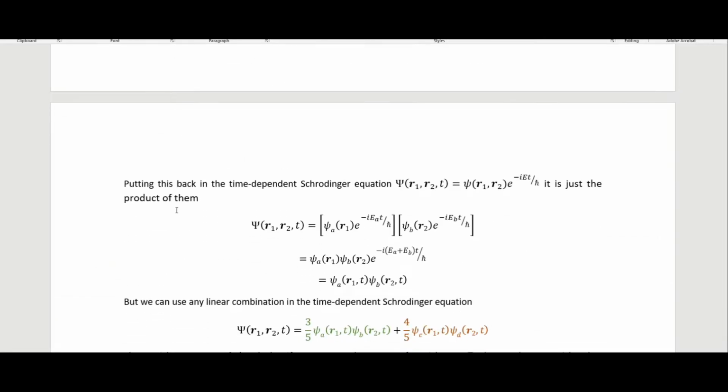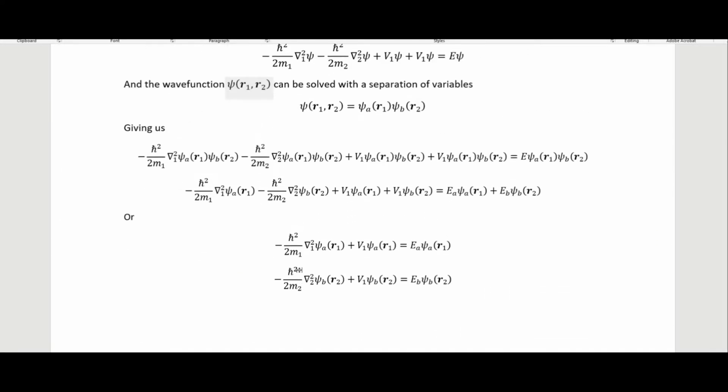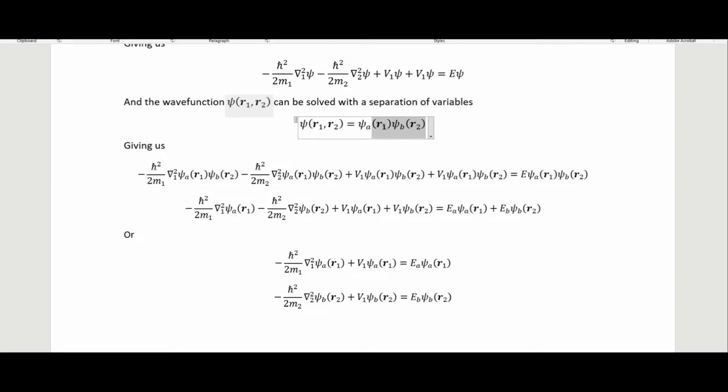We end up with these two different energy eigenvalues here. Then we put them back into the time-dependent Schrodinger equation, which has this complex exponential here. We can just take the product of them because that's what we were doing up here.